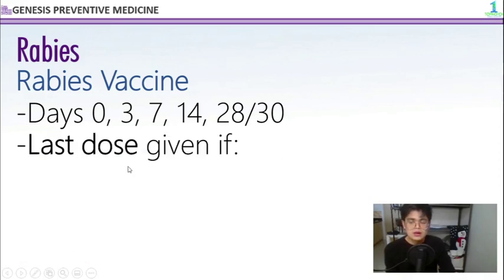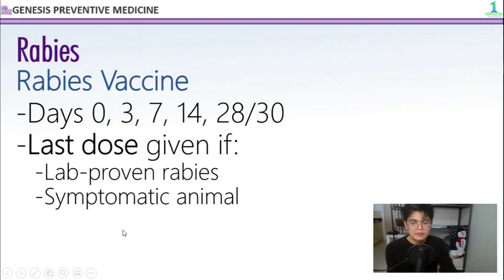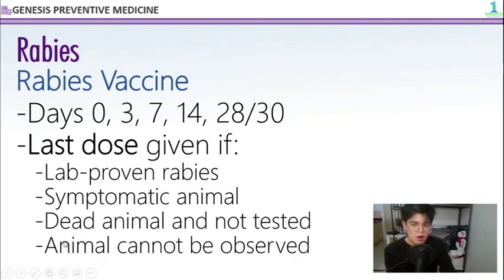Okay, so the last dose, particularly the 28th or 30th day dose, is given only if there is laboratory proven rabies, as we've discussed earlier, if the animal becomes symptomatic, which is to say the animal is exhibiting rabid symptoms, if the animal dies or is not tested within the given time frame of the vaccination, or if the animal cannot be observed in the same time frame.